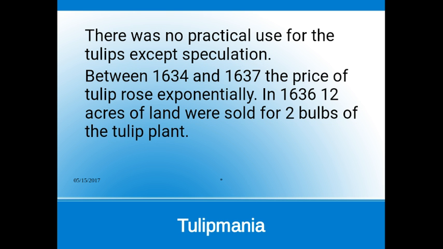There were no practical uses for the tulips except speculation. So between 1634 and 1637, the price of tulips rose exponentially. In 1636, 12 acres of land were sold for 2 bulbs of the tulip plant.